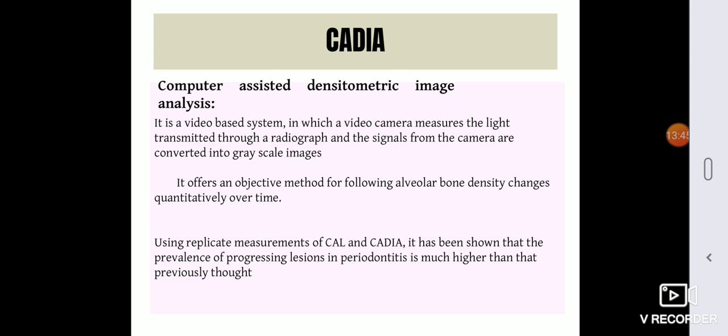The camera is interfaced with an image processor and a computer, and this allows the storage and the mathematical manipulation of the images. Now this system offers an objective method to quantitatively follow the alveolar bone density changes over time and appears to be the most sensitive when compared to the previous advances in radiographic interpretation.